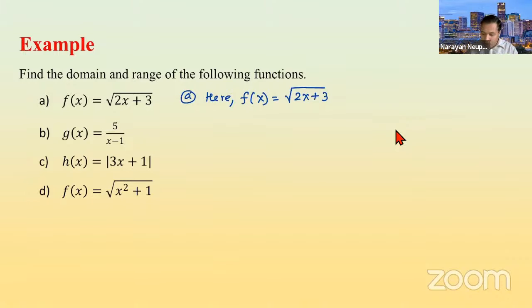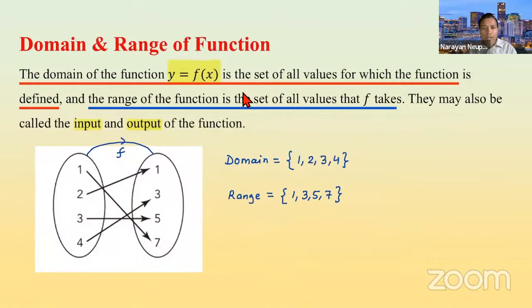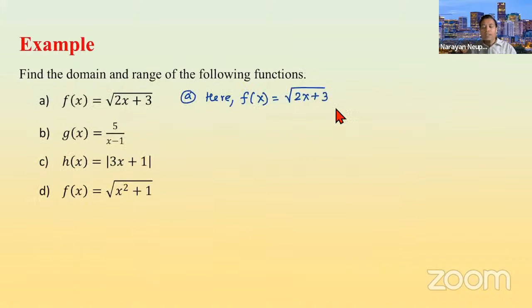And if you look at the definition of the domain of the function, domain is the set of all values of x for which the function is defined, right? So here, this function is defined only when the quantity inside the square root is greater than or equal to 0. So we can write that f of x is well defined if 2x plus 3 is greater than or equal to 0.